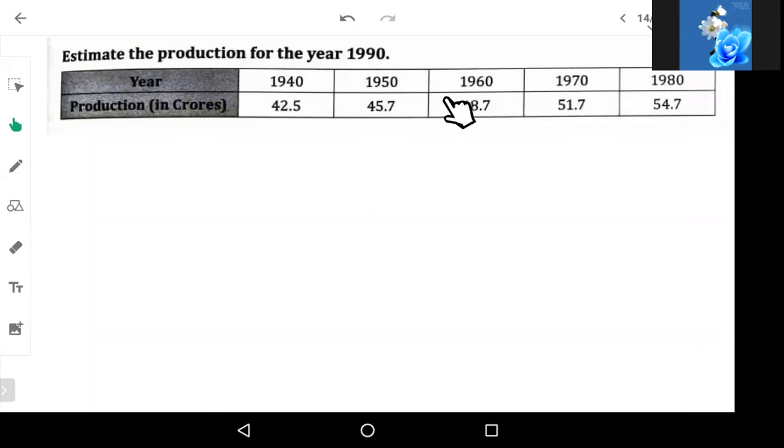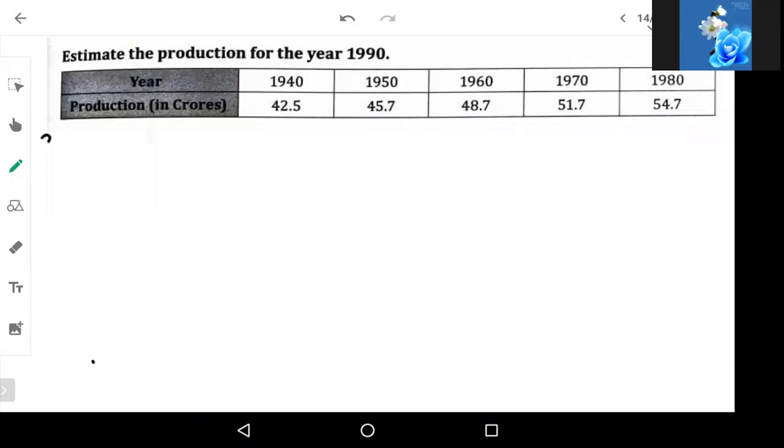Until now, we were finding the missing value in between, so that is interpolation. Now, when you have to find the data apart from the data given, that is known as extrapolation. The extra data we are forecasting for the future. So that extrapolation we are finding here. So let us start the problem.